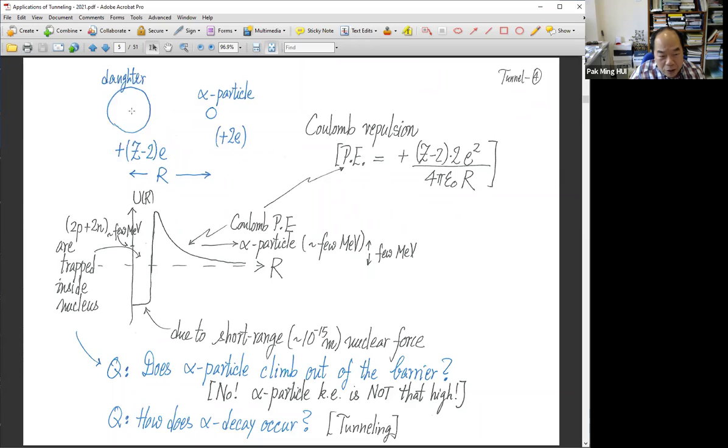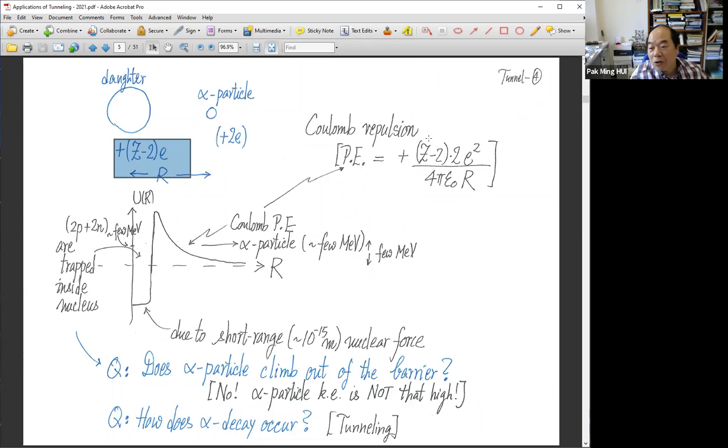In this situation, if their separation is R, they repel each other. So this is plus charge, this is plus charge. Once the alpha particle gets out of the nucleus, it will try to repel it away.